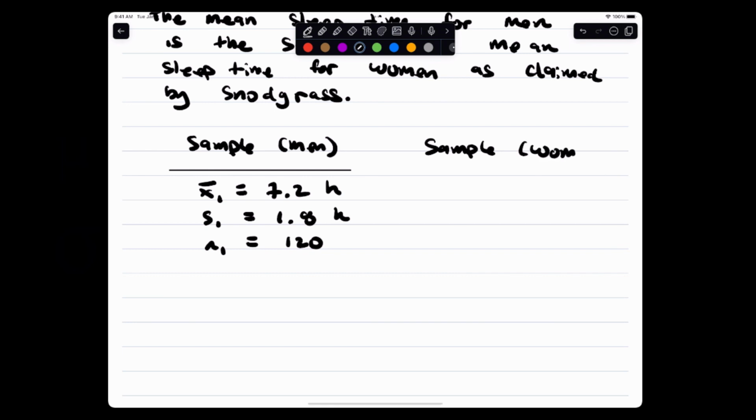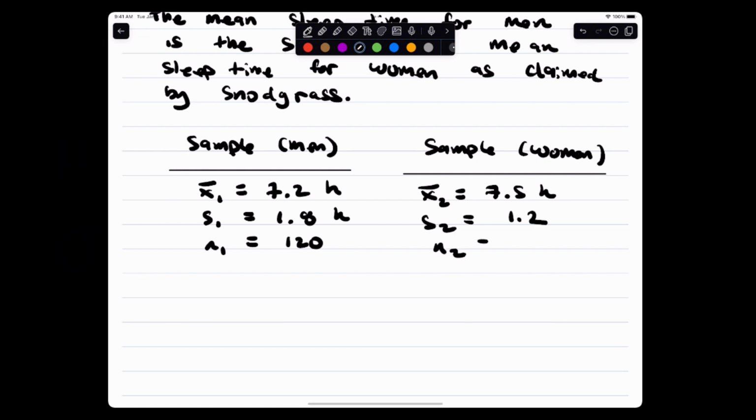The sample for the women, that's the second sample, had a sample mean of, let's say, 7.5 hours with a standard deviation of 1.2. Now the sample size for the women, we'll say, is 150.